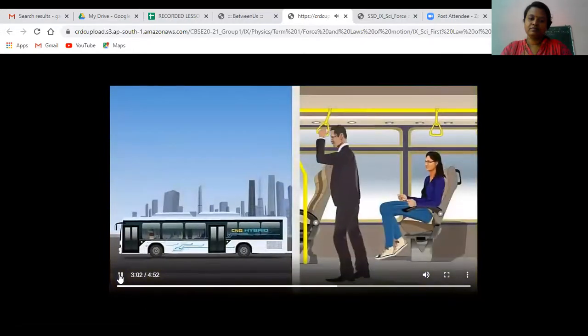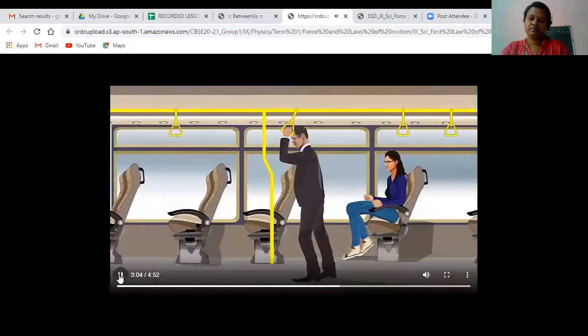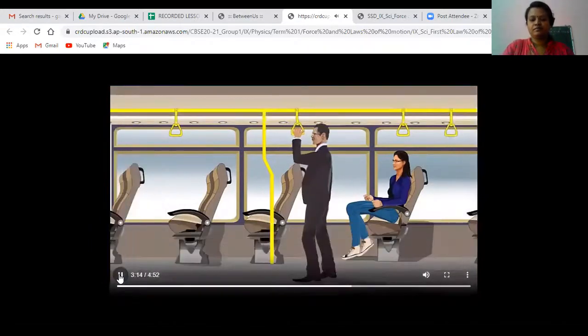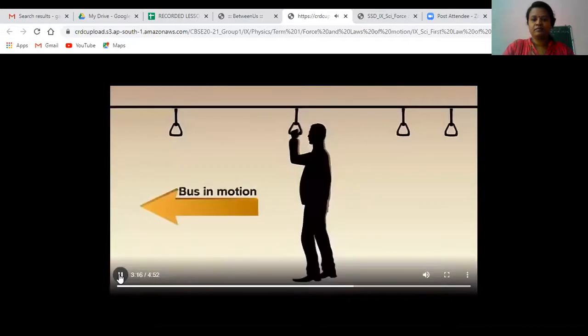With the application of sharp brakes, the bus stops all of a sudden and the passengers tend to fall forward. This is due to inertia of motion experienced by the upper part of the body. When the bus is moving, the whole body of the passenger is in a state of motion.